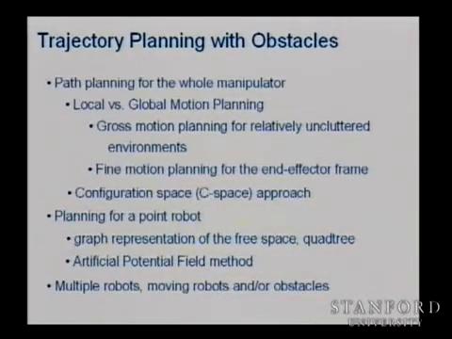You can have moving obstacles, you can have moving robots, and things get interesting, right? But that's not going to be covered here. If you are interested in that, check out the motion planning course. I think I'm about done, unless you guys have any questions.